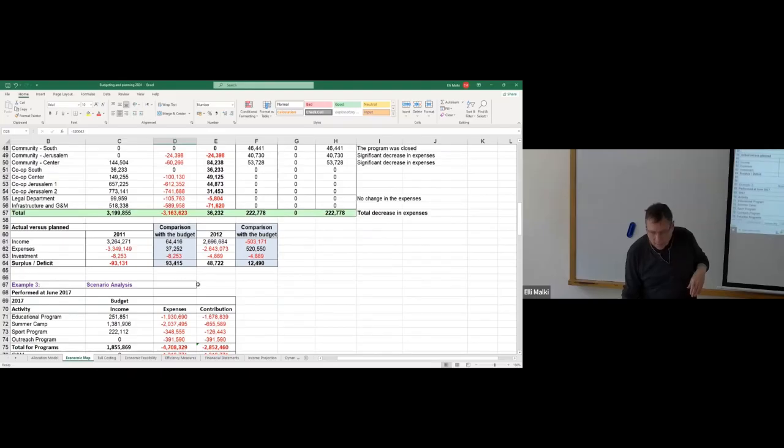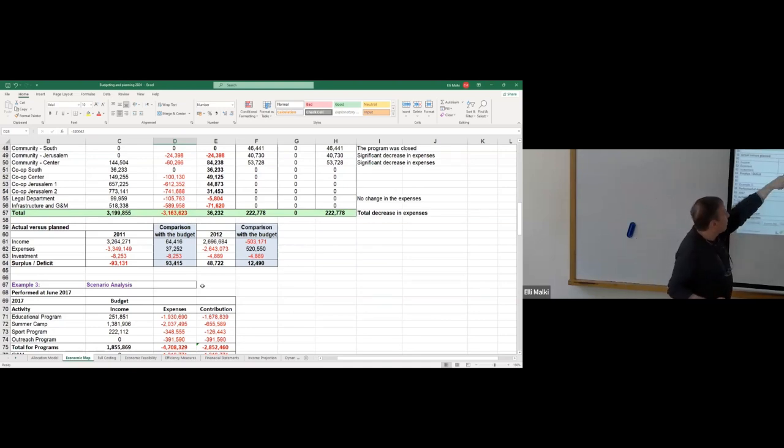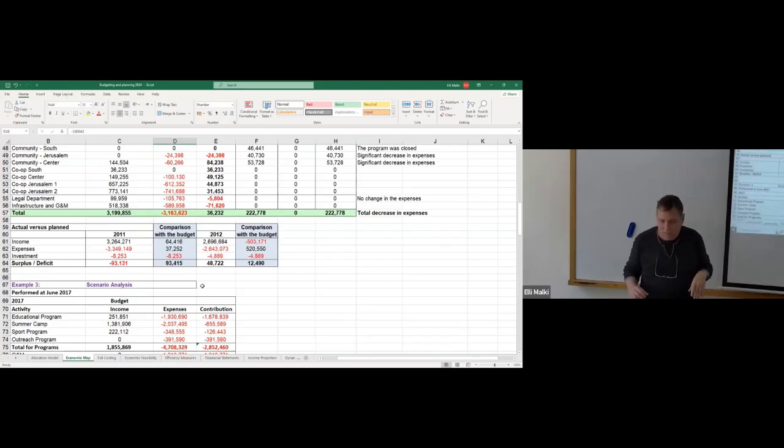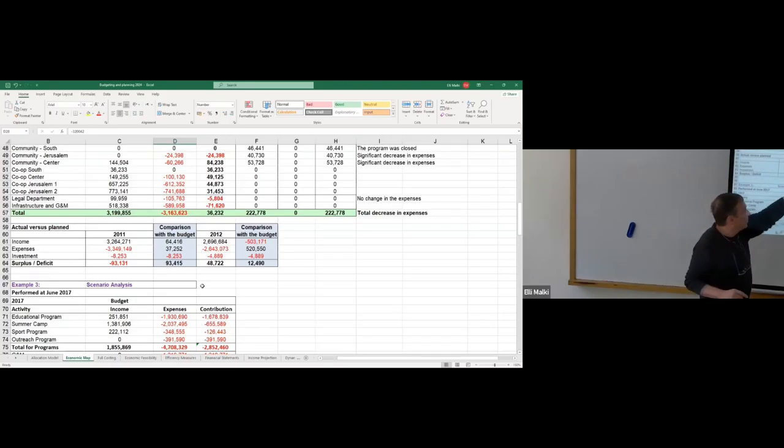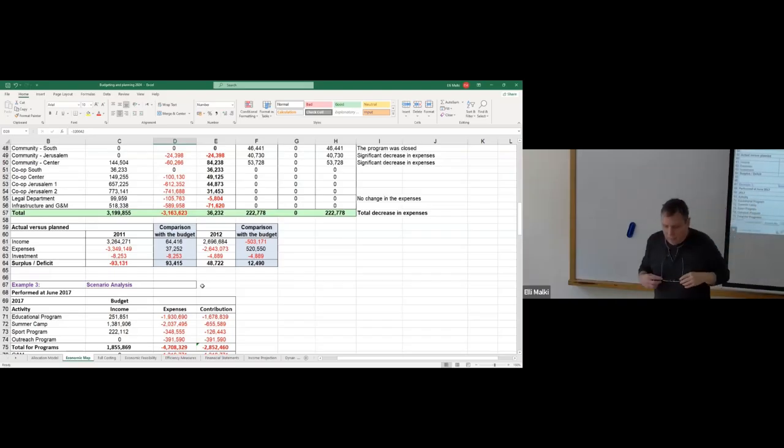And here, based on the financial statement of the organization, we can see what actually happened. So these are the actual data from the financial statements of the organization. And here in the light blue column, we can see the difference from the plan. And again, there are lessons to be learned here too.